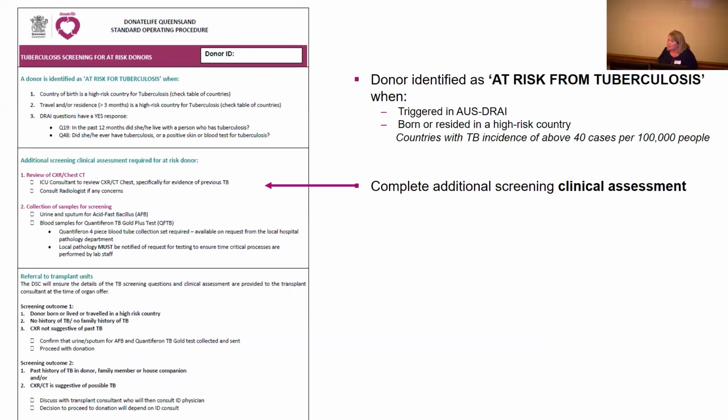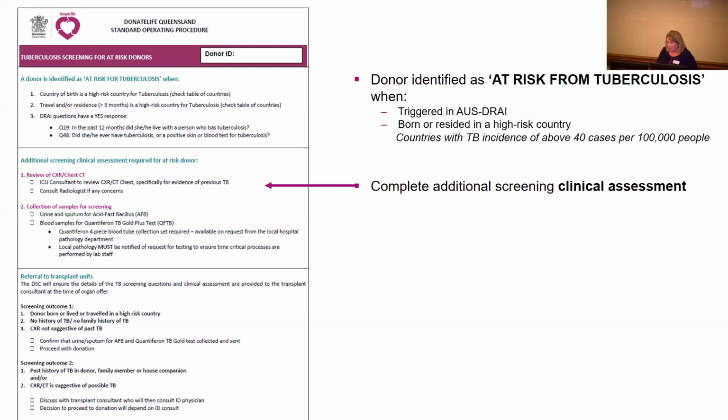So we developed this form together with the help of our kidney transplant unit and ID specialists here at the PA. When we identify a patient answering yes to one of those 4 questions, we then have to seek a CT scan or a chest x-ray and ask an ID physician or a radiologist to report on that for us, looking for evidence of TB.